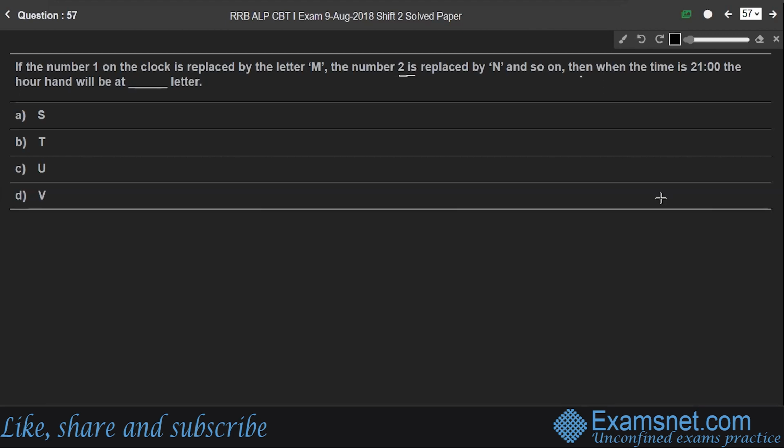Question 57. If the number 1 on the clock is replaced by the letter M, number 2 is replaced by N, and so on, then when the time is 21, the R hand will be at dash letter.